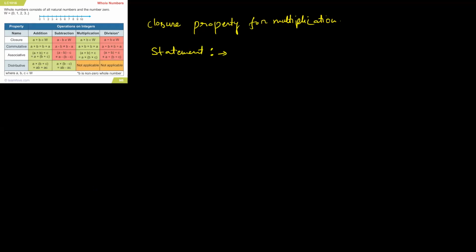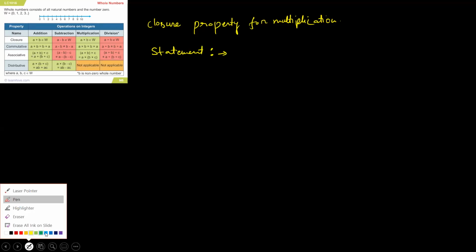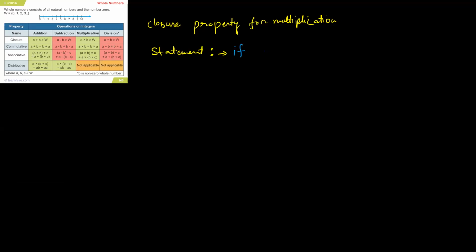The statement is: if A and B are two whole numbers, then A multiply by B will be a whole number.